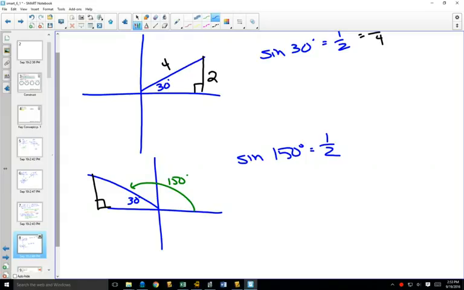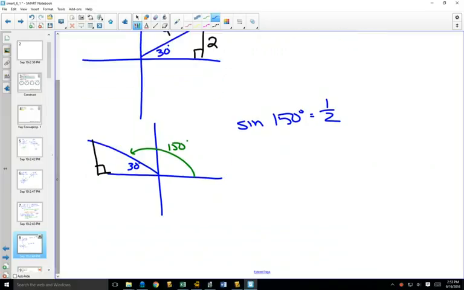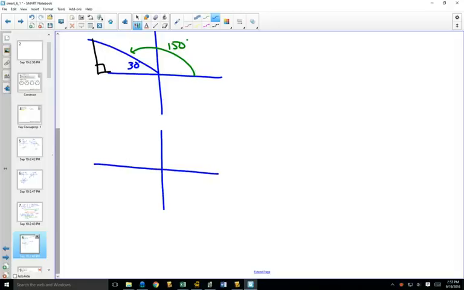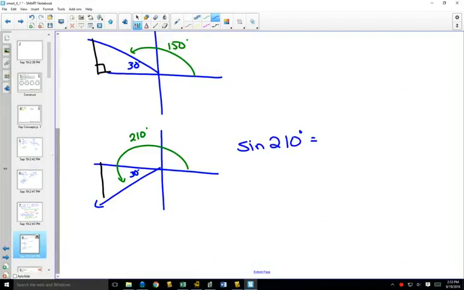Now when we go to quadrant 3, there's a small change. So if I draw a 30-degree reference angle in quadrant 3, meaning that my angle in standard position would be 210 degrees. And if I draw a triangle, that's going to be the same triangle that we had before. So sine of 210 degrees is also 1/2, but if you type it into your calculator it tells you -1/2.